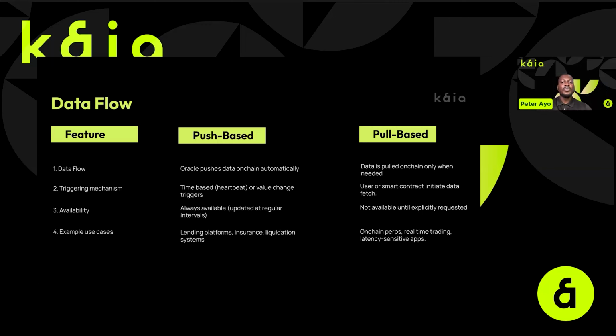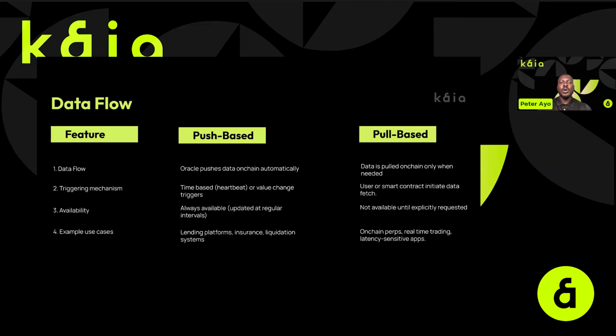And so this makes sense for latency-sensitive applications like on-chain perps and real-time trading, because you want to be able to get the current price of whatever asset type you're building on. While for push-based Oracle, example use cases are lending platforms, insurance, and also liquidation systems. I hope that makes sense.